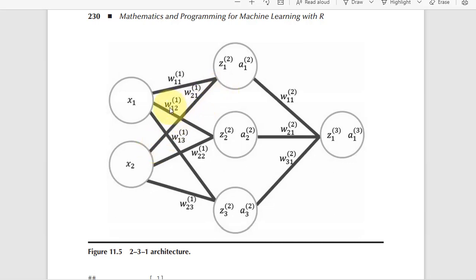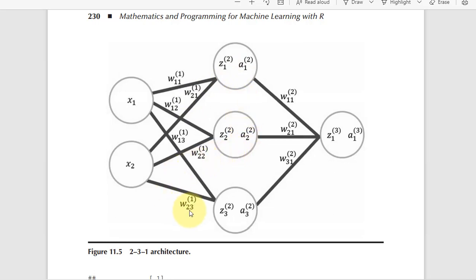So once again, W12 goes from X1 to Z2, and W21 goes from X2 to Z1. So the first subscript tells you where it's coming from in the layer to the left, and the second subscript tells you where it's going to in the layer to the right.